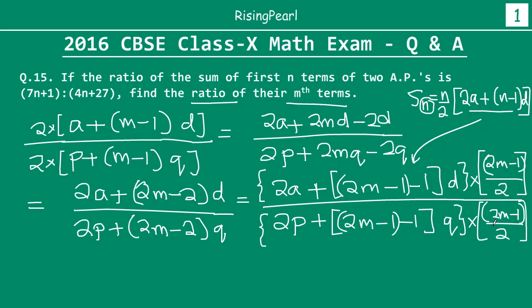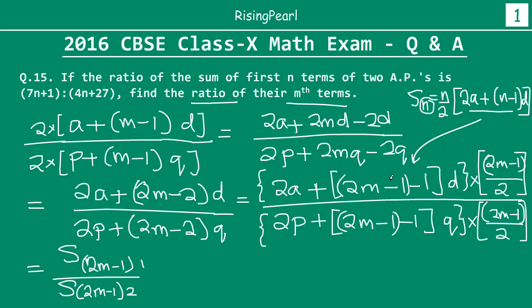But by writing it this way, we can say that this entire numerator is looking like the sum of first twice m minus 1 number of terms for the first AP divided by the sum of twice m minus 1 number of terms for the second AP.